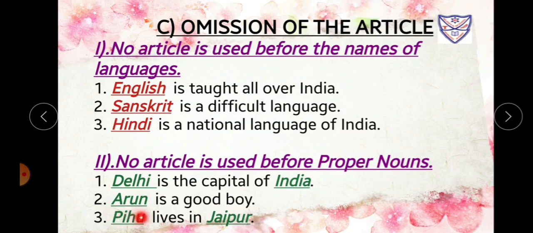So before this we will not use any article. As well as Jaipur, it is again a proper noun, a particular name of a city. We will not use any article before it. So now as per rule number 1 of omission of the article, no article is used before the names of languages, and as per rule number 2, no article is used before proper nouns.